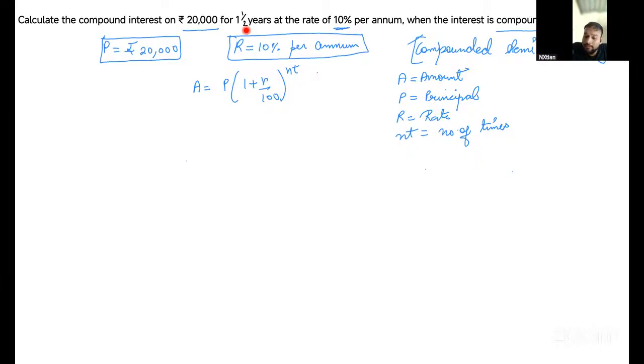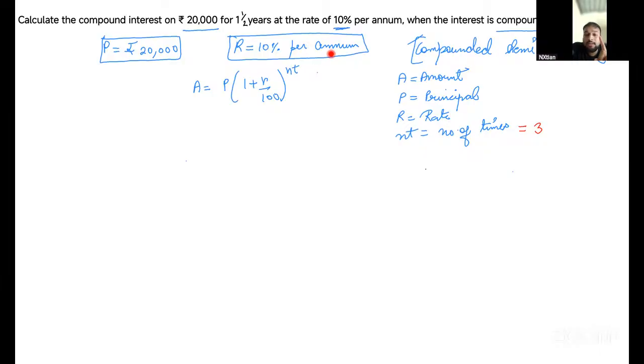It is semi-annually for 1.5 years. 3 times. Very good. So the value of NT, the number of times, will be 3.